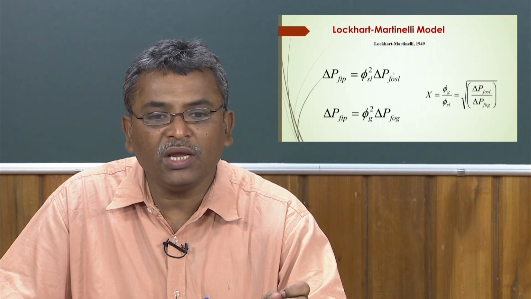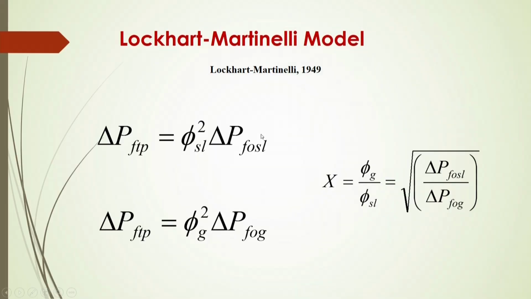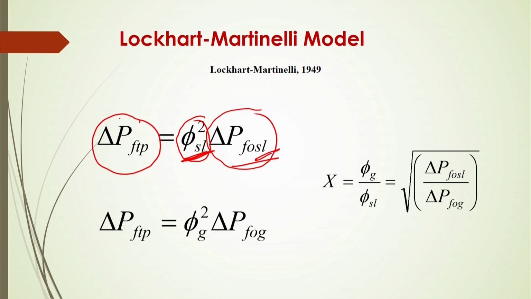This delta P FOSL is nothing but the frictional pressure drop of the single phase slurry, and phi SL is the multiplication factor, or Lockhart-Martinelli multiplier, for this slurry phase. If we multiply phi SL square by the single phase pressure drop, then you can get this 3-phase pressure drop.